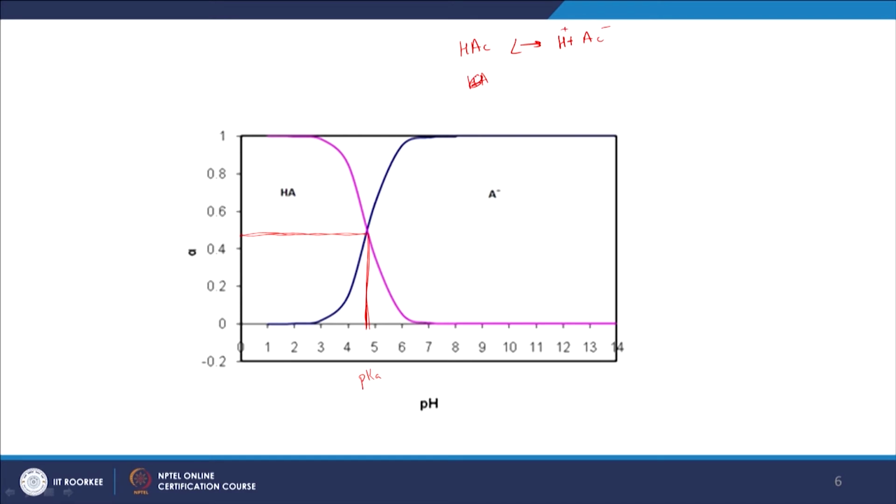Anyhow, we know that the pKa value for acetic acid is 4.7 or 4.76, and at that pKa value, the activity or the concentration of your protonated form should be equal to the activity of your deprotonated form. That is what you get from your Henderson-Hasselbalch equation, or even when you look at the figure. And when I look at this figure, what do I see at the pKa value? Obviously, the ionization fraction is going to be 0.5, because when we say HA equal to A minus, that is only feasible when alpha naught is equal to alpha 1 is equal to 0.5. So, that is what you understand here.